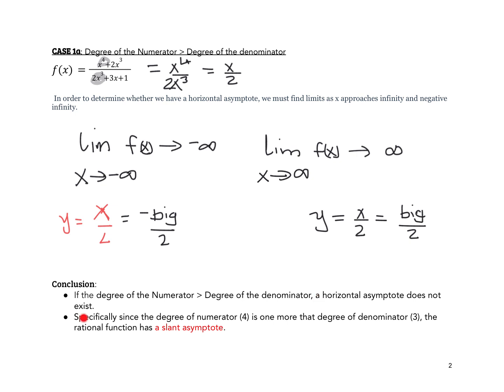And specifically, because the degree of the numerator is 1 more than the degree of the denominator, which is 3, I'm going to have a slanted asymptote. So whenever the degree of the top is more than the degree of the denominator, there is no horizontal asymptote. So you can see the reason here. We are approaching infinity from both sides.